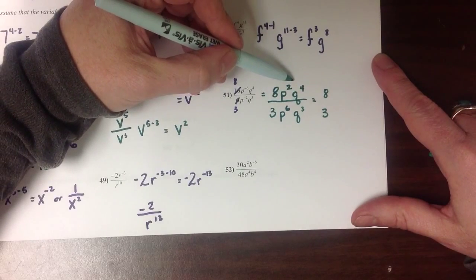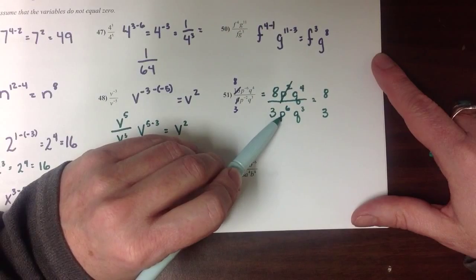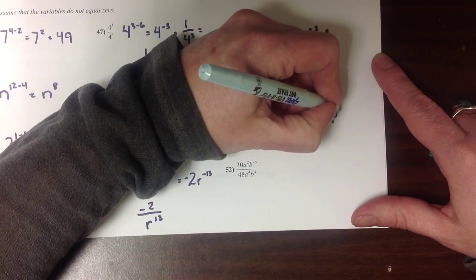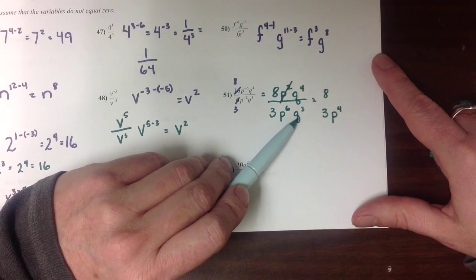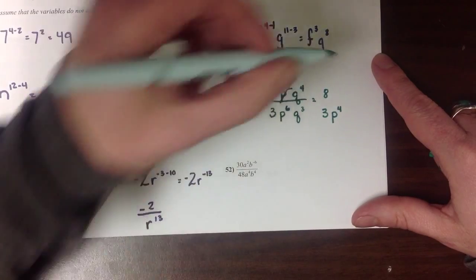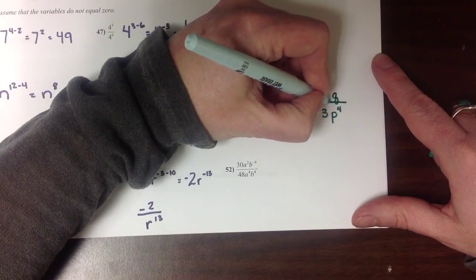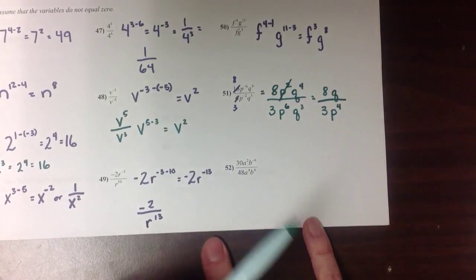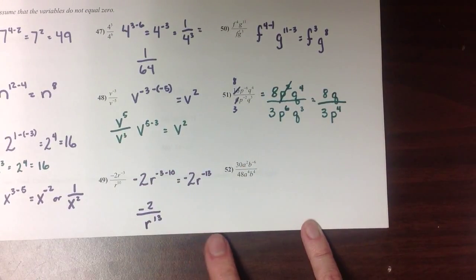Here, I'm going to lose all of my p's because I've only got 2 on top, but I'm still going to have 4 left over on the bottom. And for the q's, I'll lose all of the q's on the bottom because there are only 3 of them, but I'll still have 1 q left up here on the top. So my final answer is 8q over 3p to the 4th.